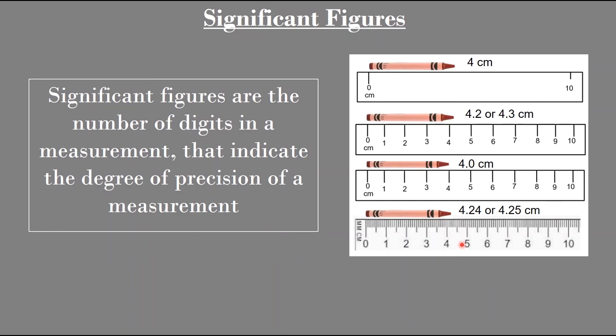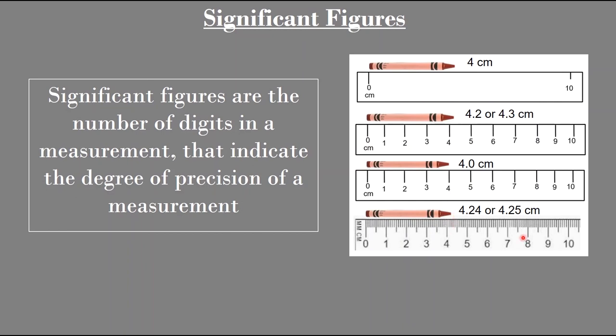So here we have some measurements from different devices, and all of these measurements have a certain number of significant figures, or values that tell you about the precision of the measuring device. You can see the first measuring device has each line worth 10 centimeters. The second has each line worth 1 centimeter, and the third has each line worth 0.1 centimeter.